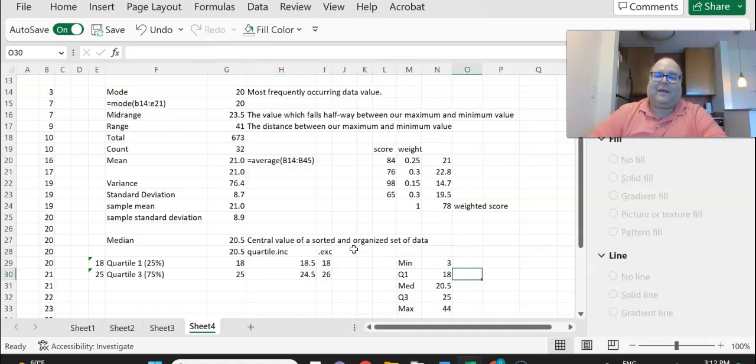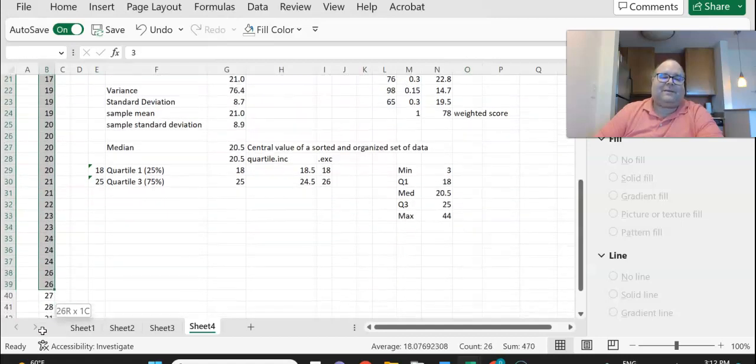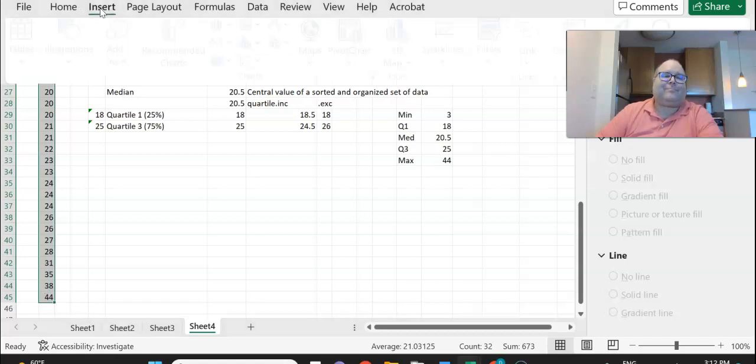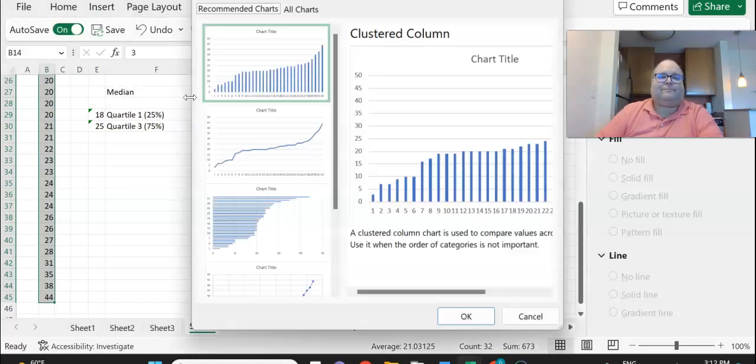Our 5 numbers, minimum, quartile 1, median, quartile 3, and maximum, give us a set of 5 numbers that we can use to create a box and whisker plot.